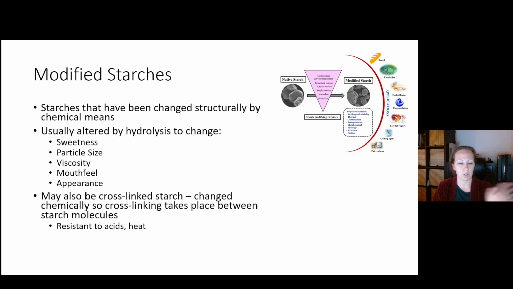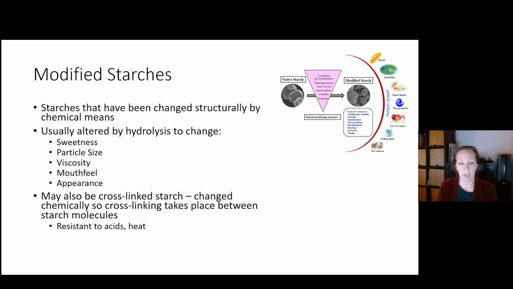And we'll get into it a little bit later in this chapter. If you go past a certain heat point, and we did talk about it a little bit last week, you start to lose some of the gelation properties, right? So this type of modified starch is resistant to that.